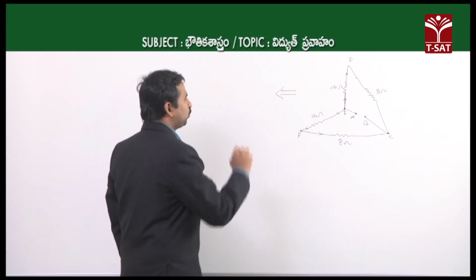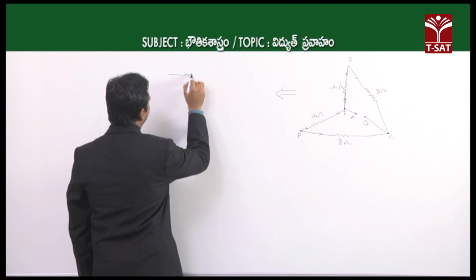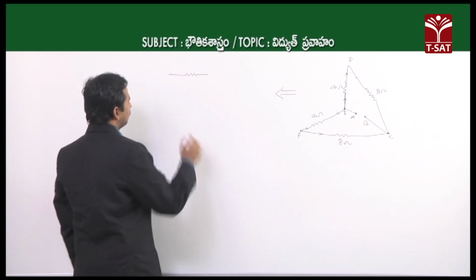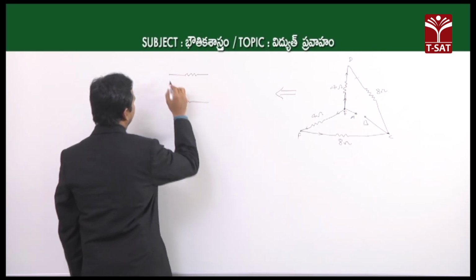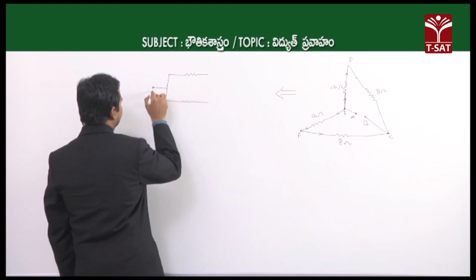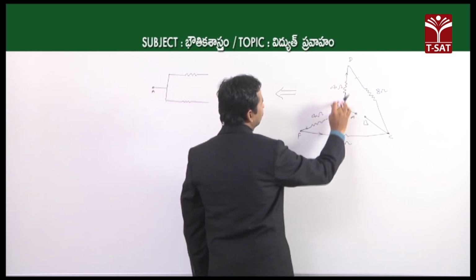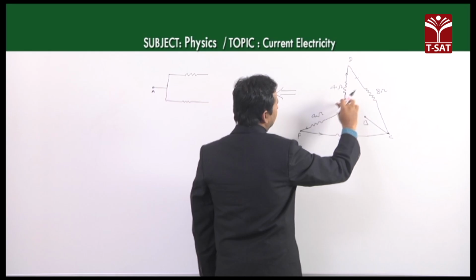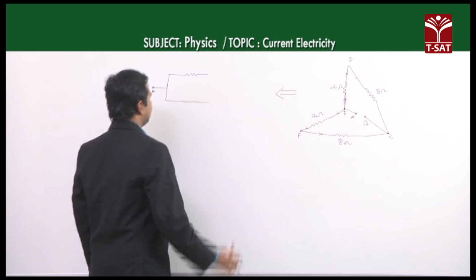As 4 ohms and 4 ohms are connected in parallel, now I am assuming the same circuit like this. This is one 4 ohms and this is another 4 ohms we are taking, like this, this A. Now, this 4 ohms passes the same current through the 8 ohms, which means 4 ohms and 8 ohms are connected in series.